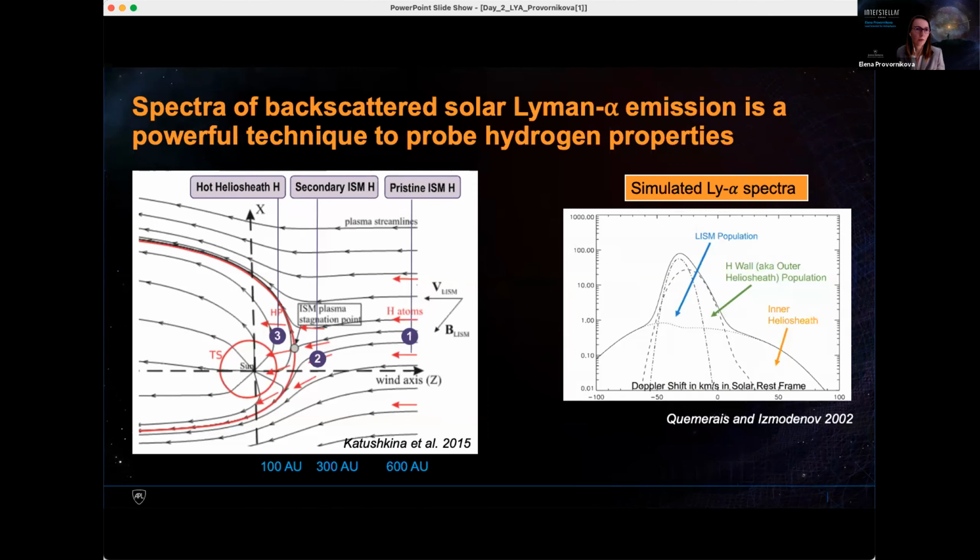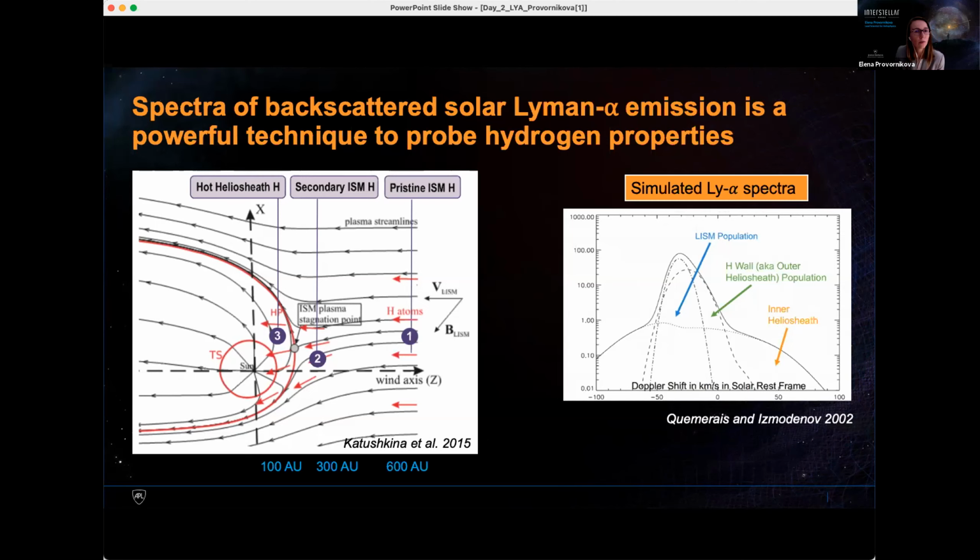Those cannot be measured with Lyman-alpha emission because those atoms are outside of the solar Lyman-alpha emission line. So we have the mixture of these 3 hydrogen populations that we can measure their properties through measurements of backscattered Lyman-alpha emission.